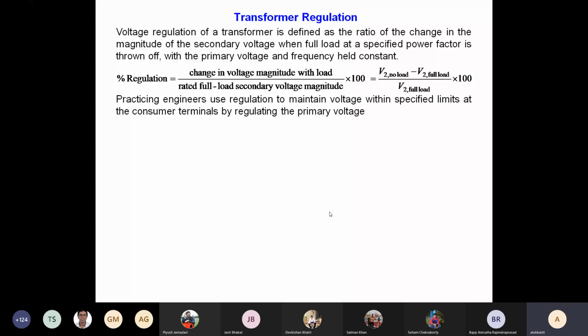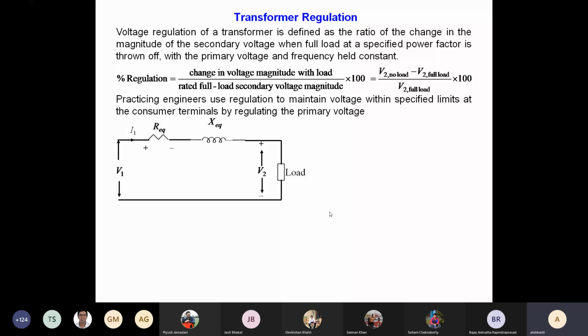This is basically the approximate equivalent circuit of a transformer we have seen. You know what R equivalent is, you know X equivalent. That is the transformer and it is supplying to some load. V1 is the primary supply voltage, and V2 is the voltage at the customer terminals, which is basically the load terminals.